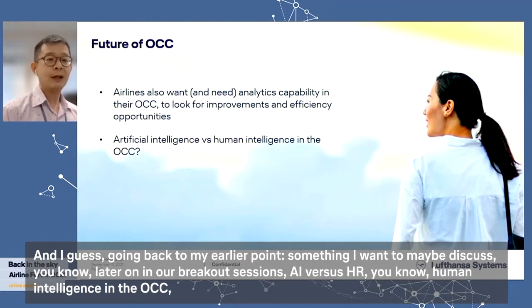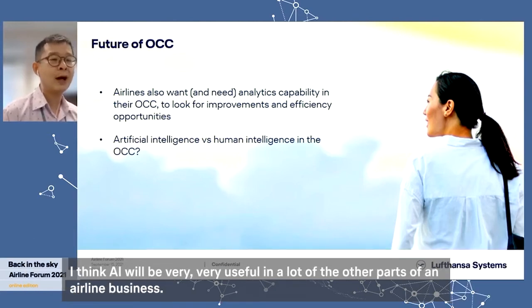And I guess going back to my earlier point, something I want to maybe discuss later on in our breakout sessions: AI versus HR, human intelligence in the OCC. I think AI will be very, very useful in a lot of the other parts of an airline business.